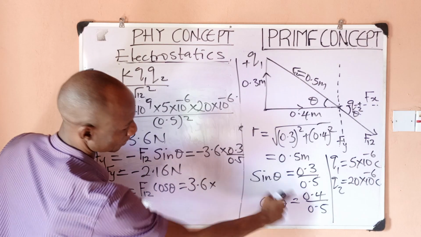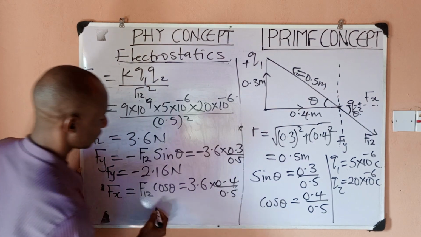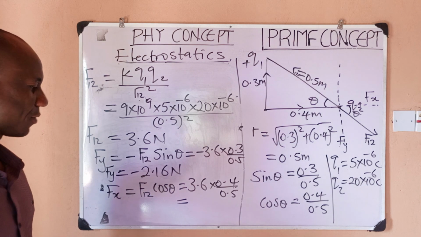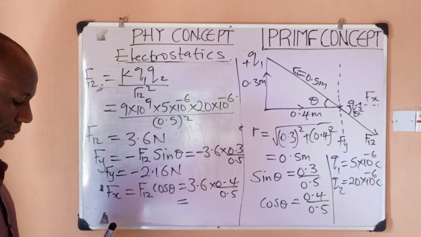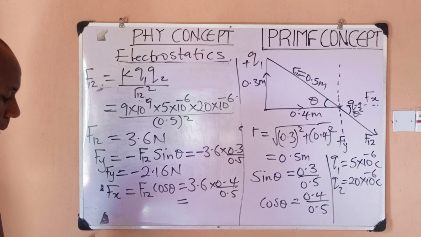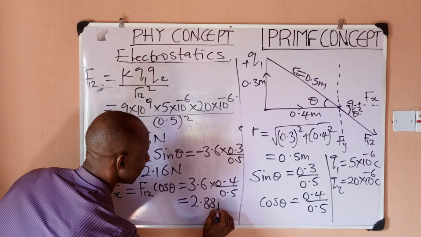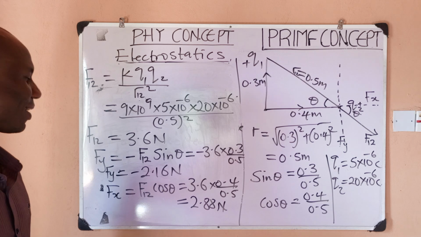What is cos theta? 0.4 divided by 0.5. So if I punch this, I would have 2.88 Newton.